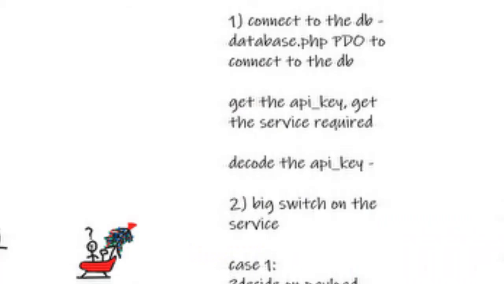So I would probably at this point here then go and do some decoding of the key, just to make sure that it's correct. That's obviously if it exists, okay? So, and that's just to make sure that the API key has come in and it is the right format and it is for my service and for me and so forth, okay?